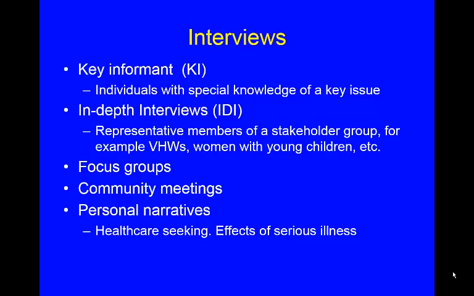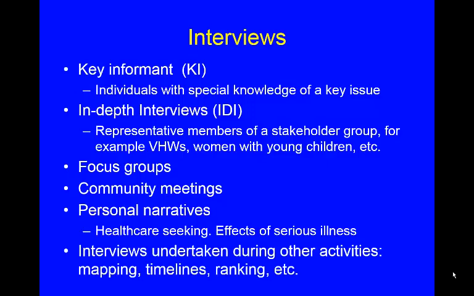Just encouraging people to tell you what happened to them as a result of the illness, and whether a particular intervention, community-based health insurance scheme or whatever, actually provides support for such people, or whether the scheme kind of misses that group because of the complexity of the situation in which they find themselves.